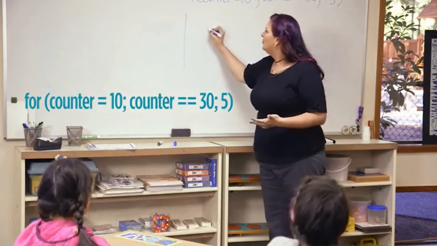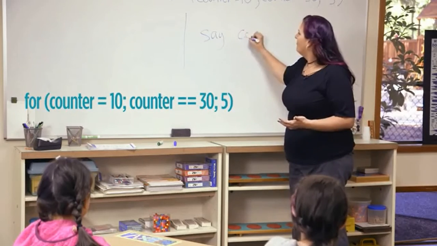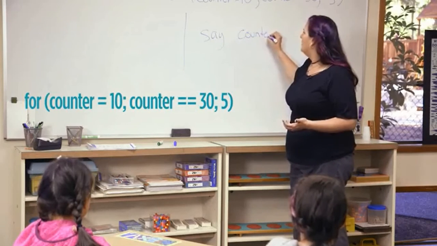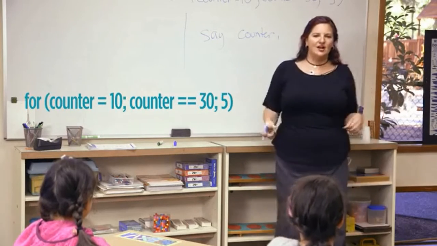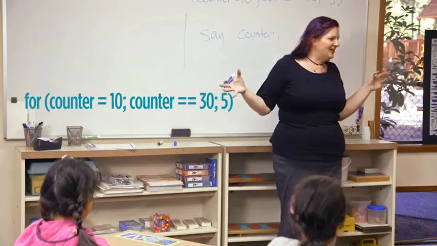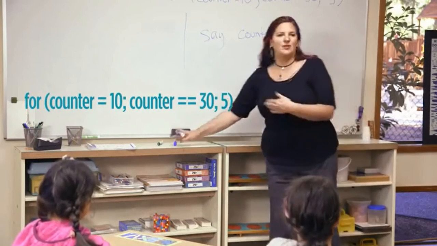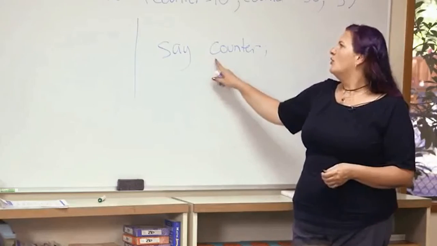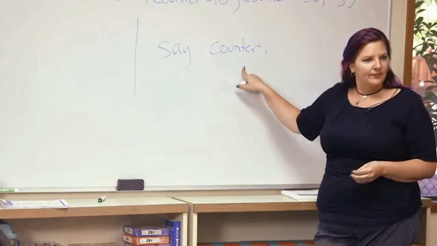So for this, we're going to say counter. Now, are we actually going to say counter, counter, counter? No. This is kind of like a chorus, where it means something different than what we're reading, right? So to start out, the first time through, what are we actually going to say?